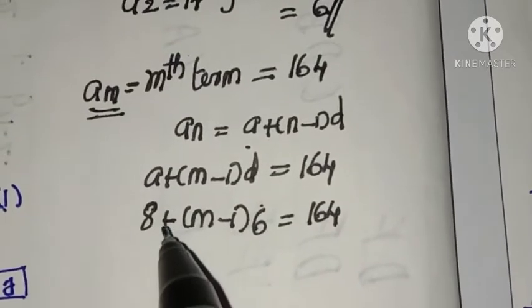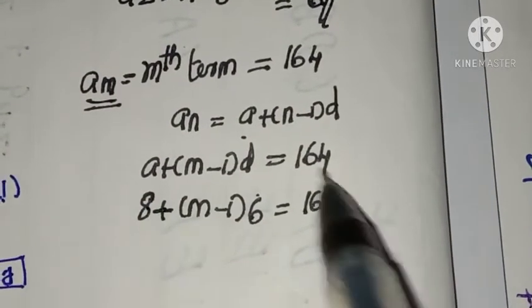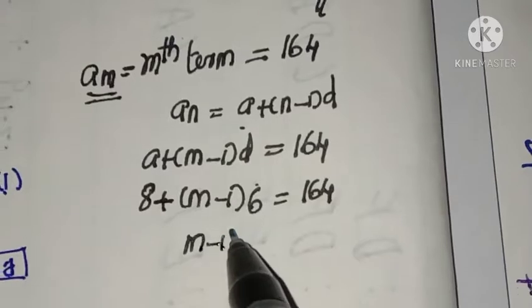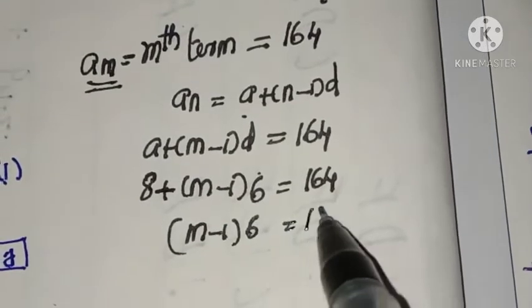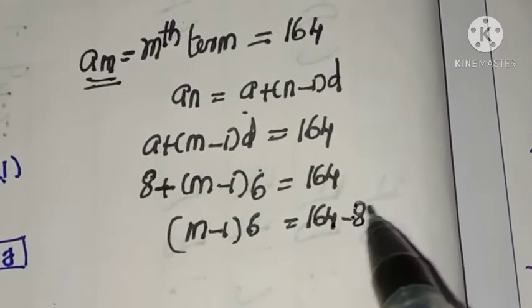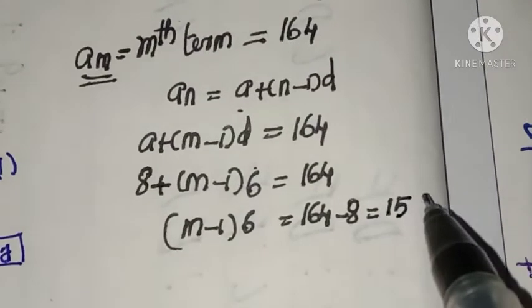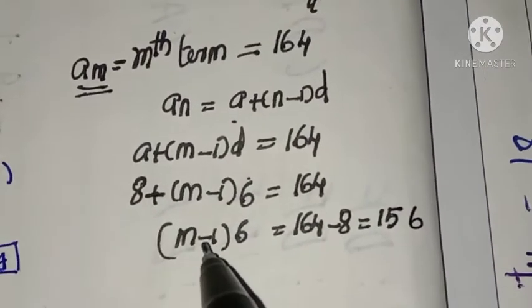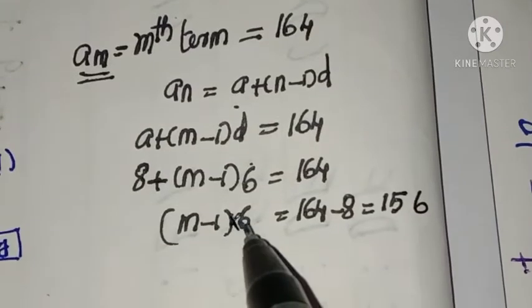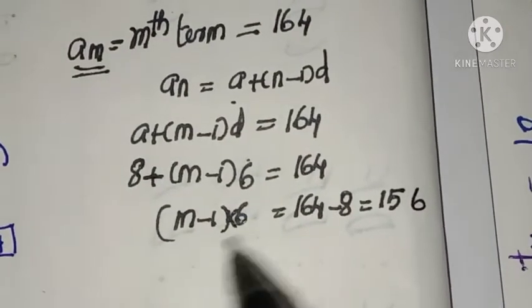Now simplify. Plus 8, take this 8 to the right side. So (m − 1) into 6 equal to 164 minus 8. 164 minus 8 is 156. Now (m − 1) into 6, take the 6 to the other side.